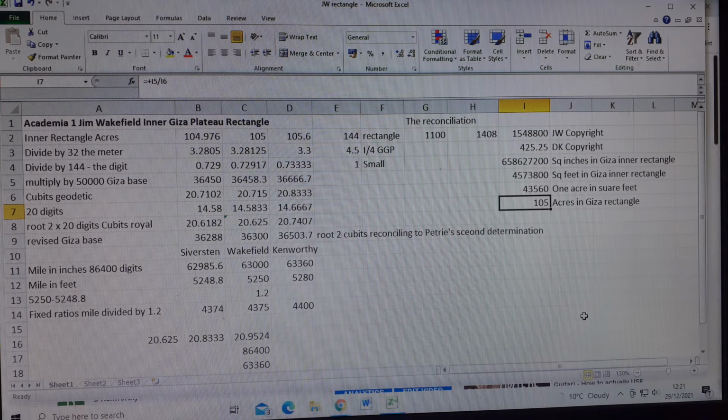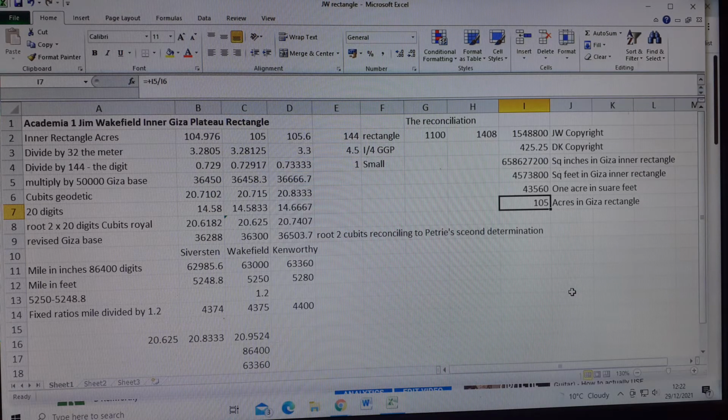And it does that because if you divide it by 25 and multiply it by 24, you get 19.8 inches. If you divide that by 1.5, you get 13.2 inches. And if you divide that by 1.1, you get 12 inches. So everything reconciles. And we're looking at a royal cubit, as Jim is calculating, of 20.625 imperial inches. And there's a reason why we're going to get that.